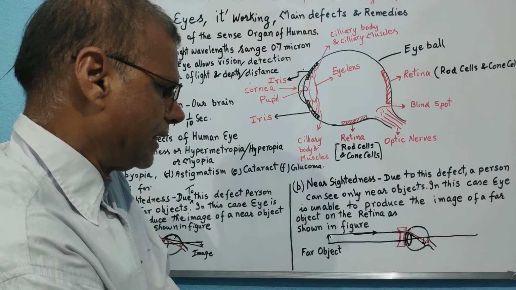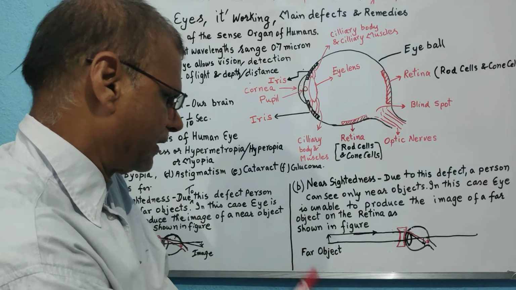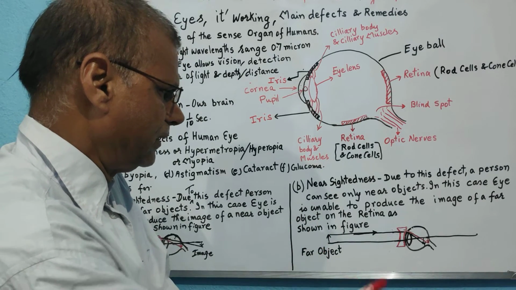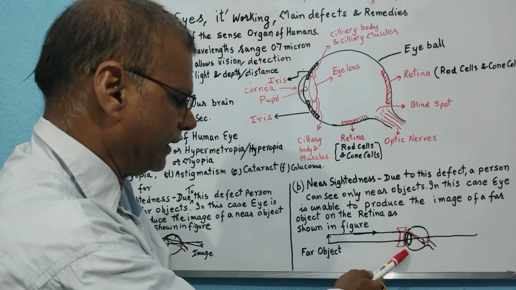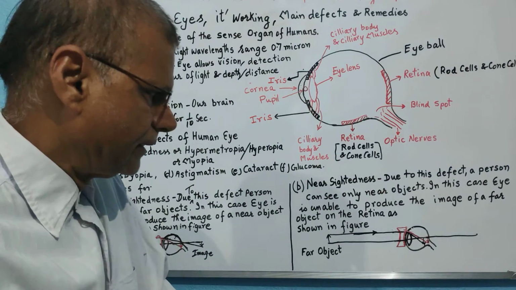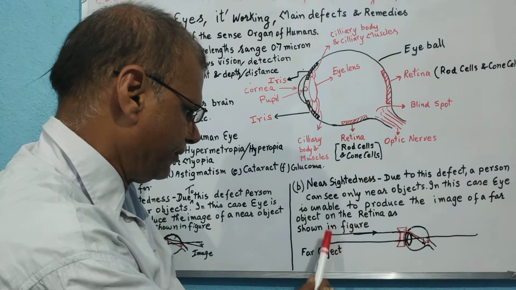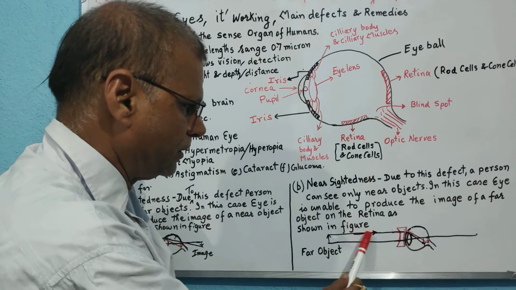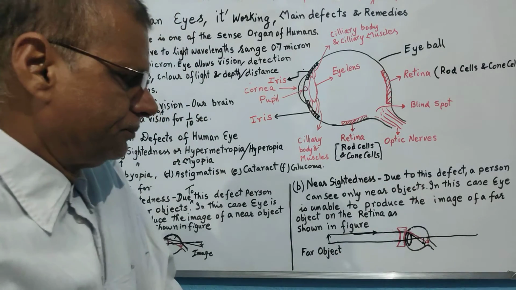To enable that person to view far objects as well, we introduce a concave lens of certain focal length such that the image of the far object is now formed on the retina.